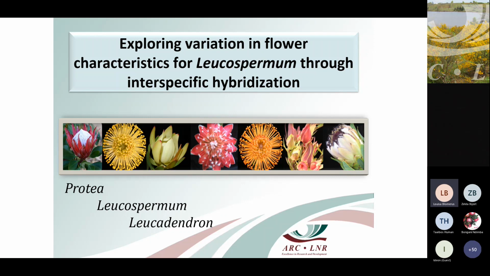And in Leucadendron, you get male and female plants. So the sexes are separated into two different kind of plants. So you will see quite different, but Linnaeus many years ago decided their flower morphology is close enough to be in one family.